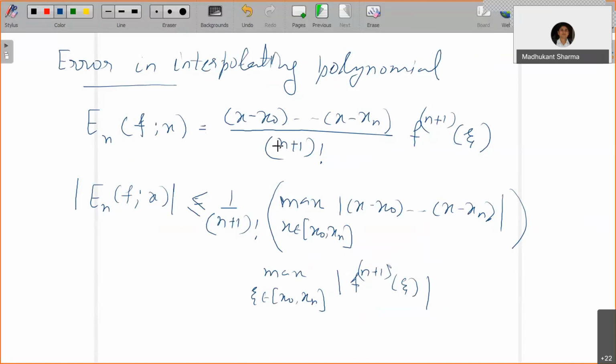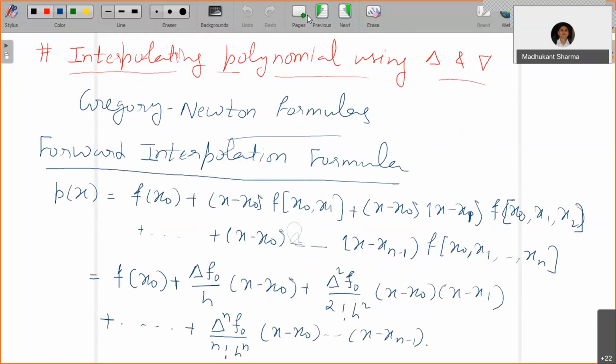Similarly, in the forward interpolation formula, we replace the first divided difference, second divided difference, and so on, using the relationship between them and forward differences.